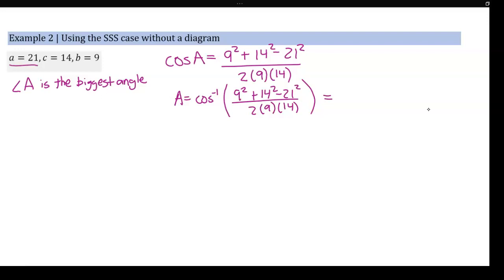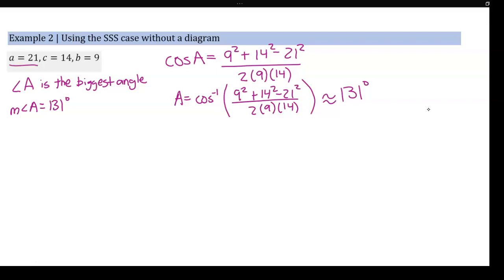So cosine inverse of 9 squared plus 14 squared minus 21 squared divided by 2 times 9 times 14, and I get 130.6 degrees. So I'm going to say that is approximately 131 degrees. So the measure of angle A is 131 degrees.